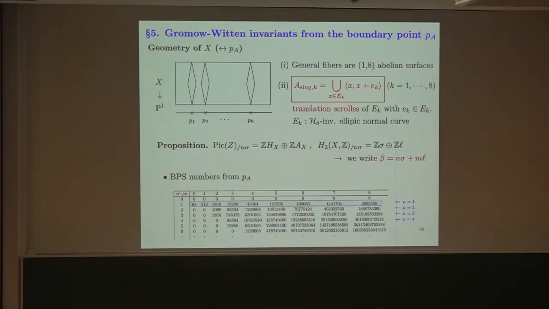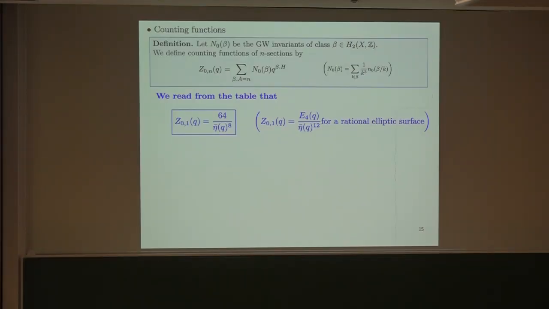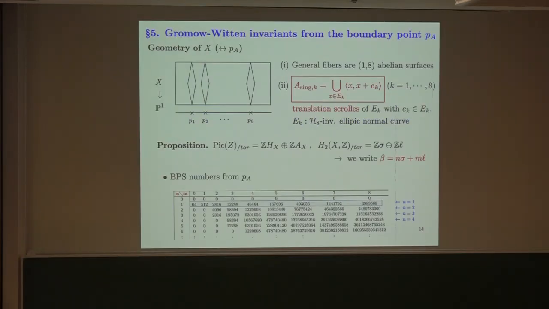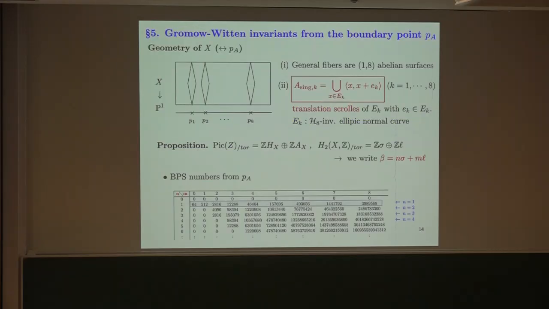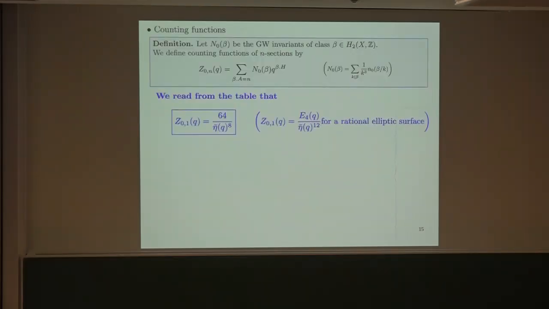So if you look at this, these numbers are just a table of numbers. But if you define the generating function for these numbers, then for the first line, the n equals 1 case, if you make up the generating function, then modular forms, the eta function, yes.